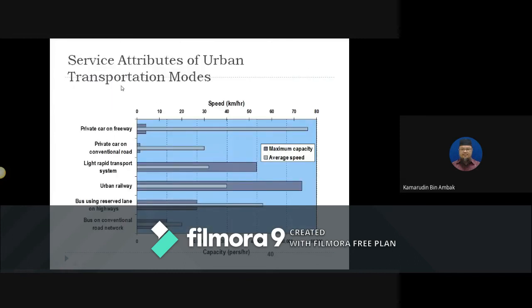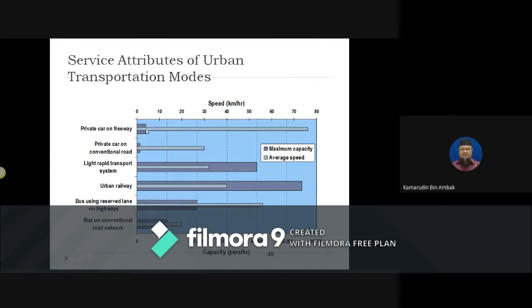Okay, service attributes of urban transport modes. If you see the capacity is set, they try to compare the private vehicle with other modes of transport. Of course, the private vehicle is better in terms of travel speed.